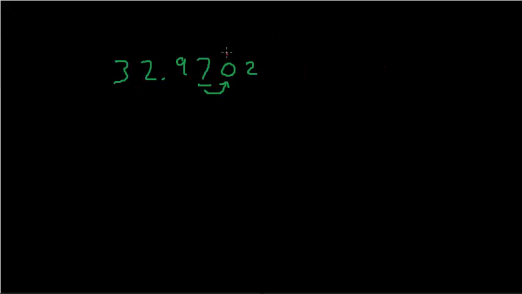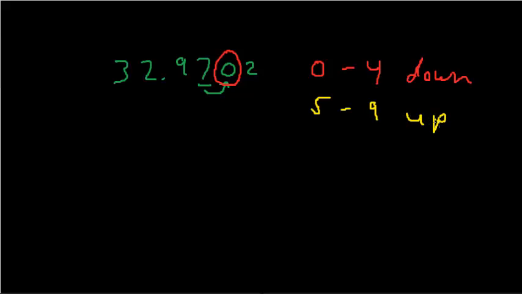If this number, okay, is between 0 and 4, I round down. If that number is between 5 and 9, I will round up.